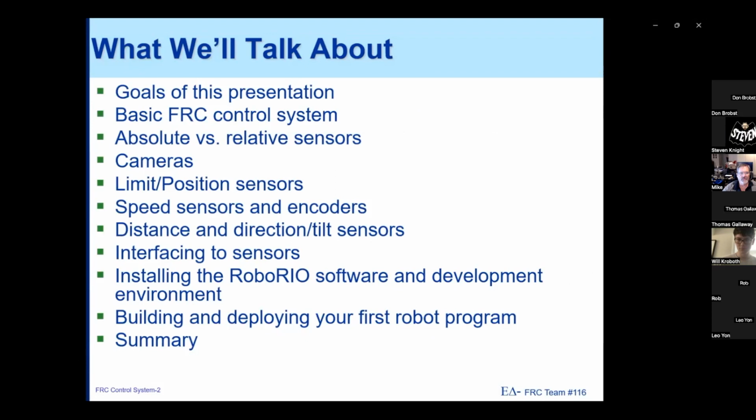We'll then transition into a discussion of installing the RoboRio software in the development environment, and we'll finish up by talking about how we build code and deploy your very first robot program, and we'll show you an example of that. We'll finish up with a brief summary and wrap things up.